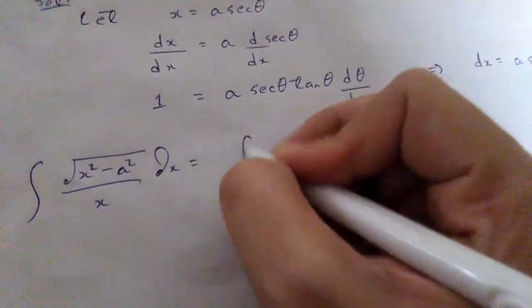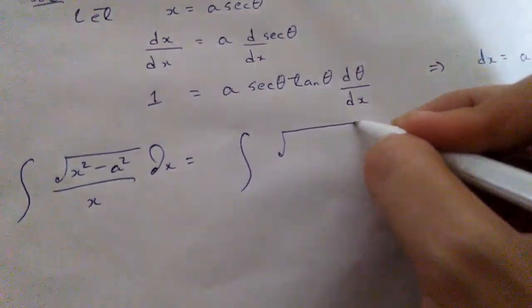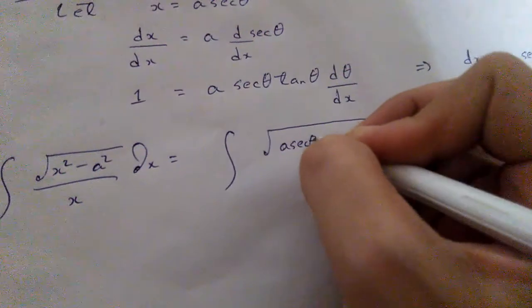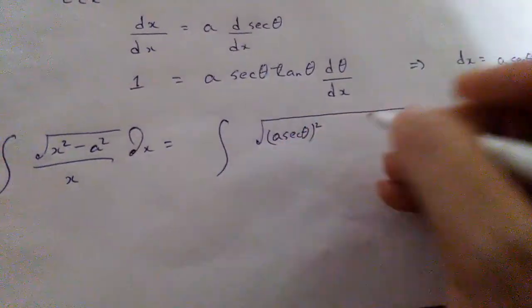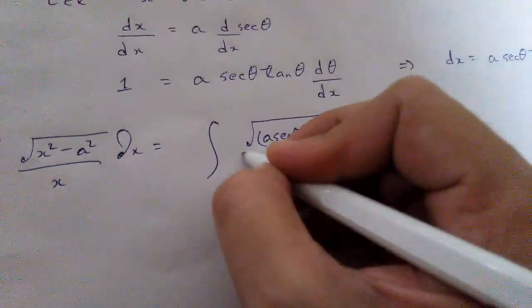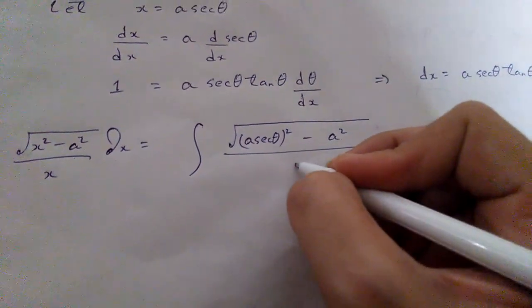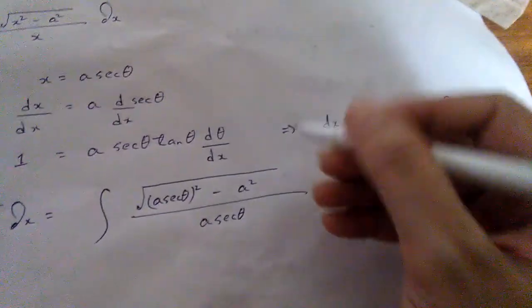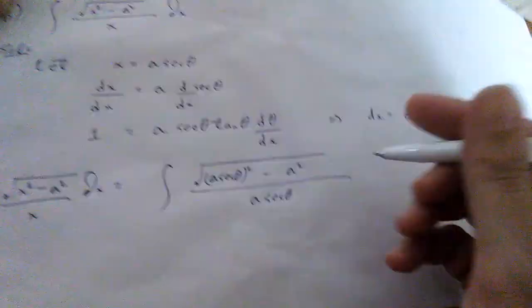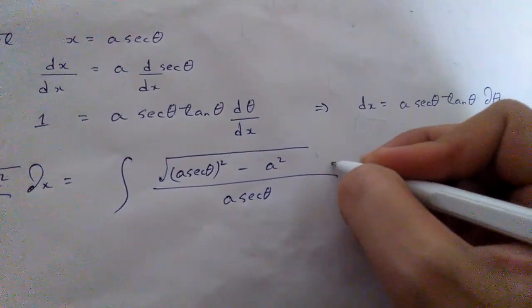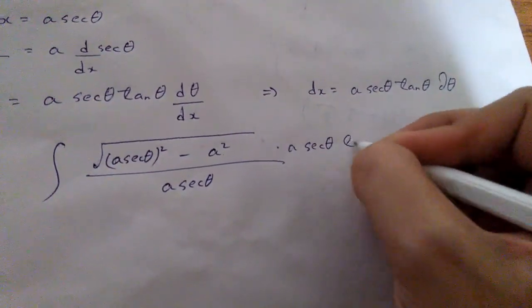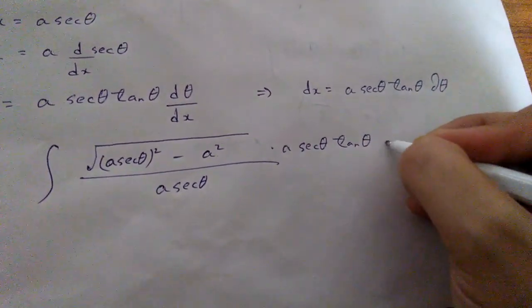It's going to be a sec theta whole squared in place of x, minus a squared, upon, in place of just x you put a sec theta, and in place of dx you write a sec theta tan theta d theta.